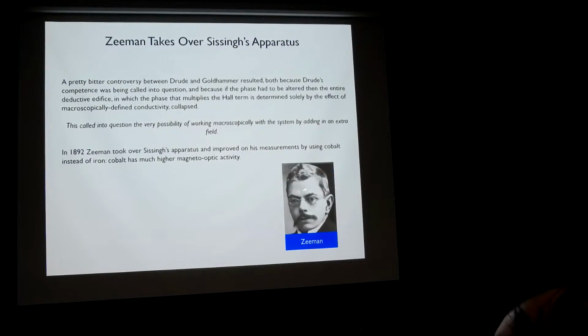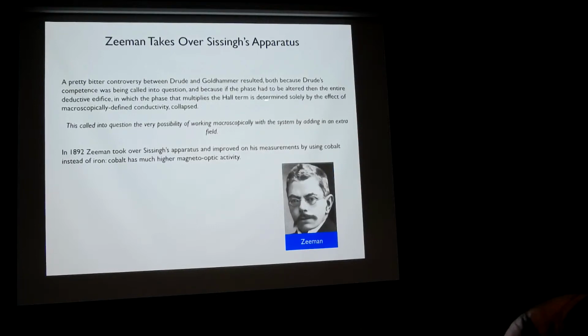Here's Peter Zeeman. Well, this difference over this constant had generated a pretty bitter controversy between Paul Drude and Goldhammer, because Goldhammer was actually claiming that Drude's competence in calculation was in question here. It was a rather nasty situation.